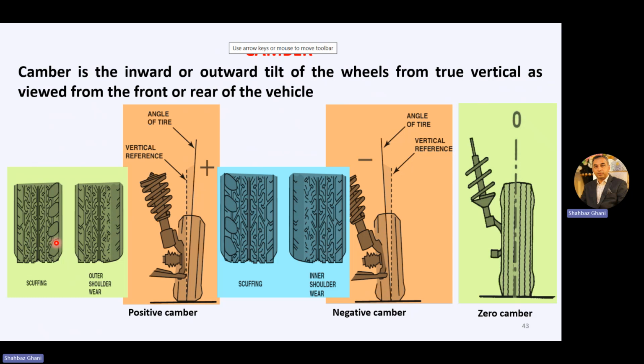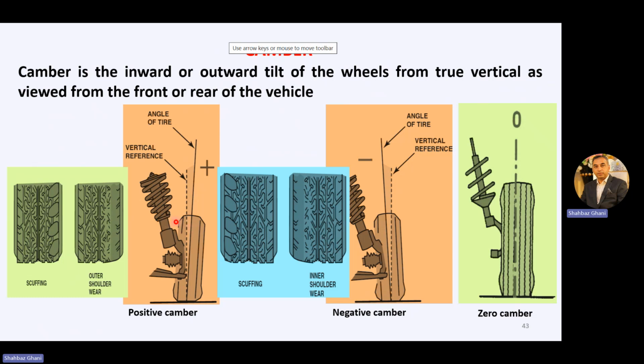So these are the three camber angles. Zero camber is when the vertical reference axis and the axis of the tire are aligned, with no difference between them. When your wheel is inclined or tilted inward from the vertical reference line, we call it negative camber.